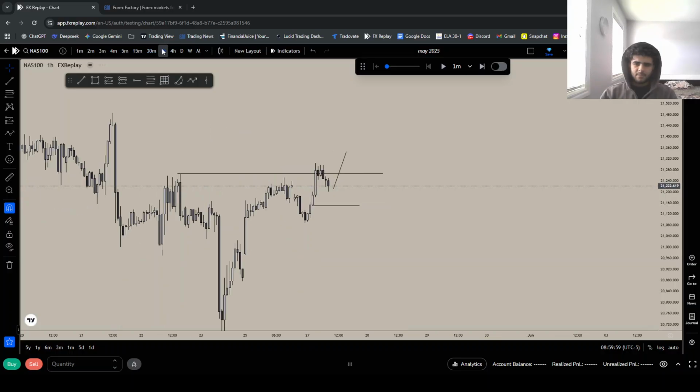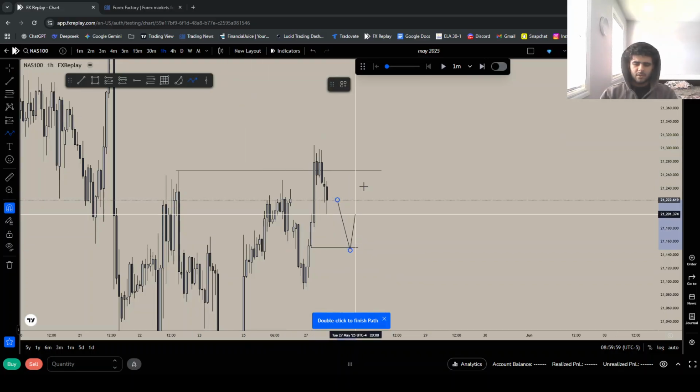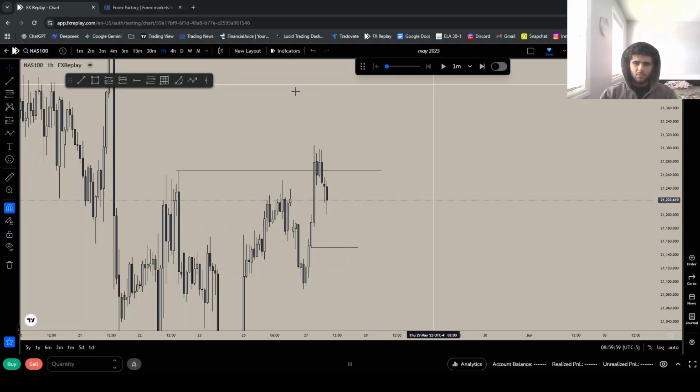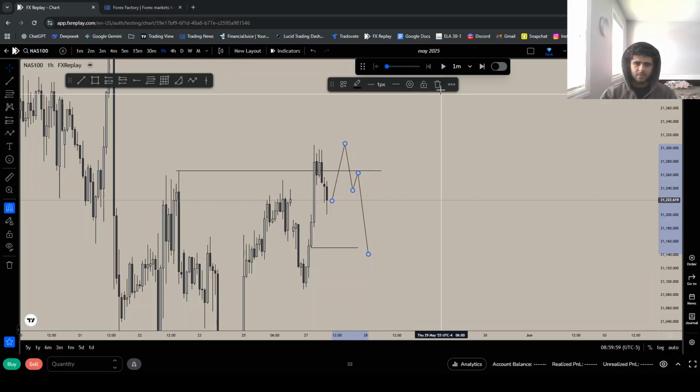So there's a couple scenarios. Either we go to London lows and then get a long opportunity like this and then target that, or we take out this hourly intermediate high. Then if we get a short setup, I think shorts would be kind of nice as well.